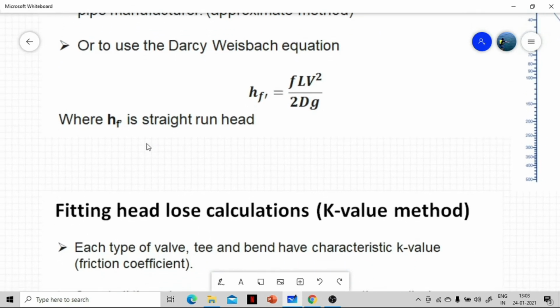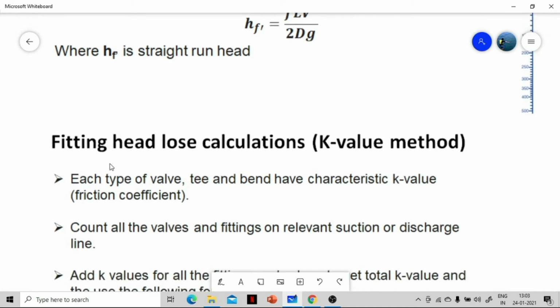Now move to the second type, the fitting head loss calculation. For this, usually the K-value method is used. What is this? Each type of valve, tee and bend has a characteristic K value, that is a friction coefficient, and these K values can be consulted from Perry's Handbook of Chemical Engineering.